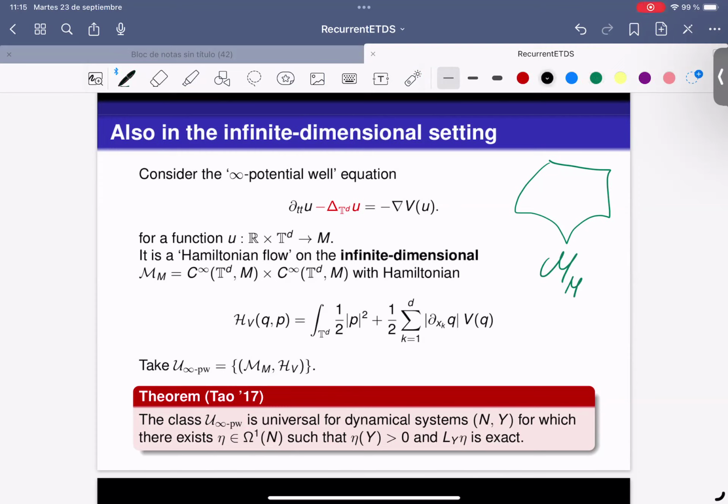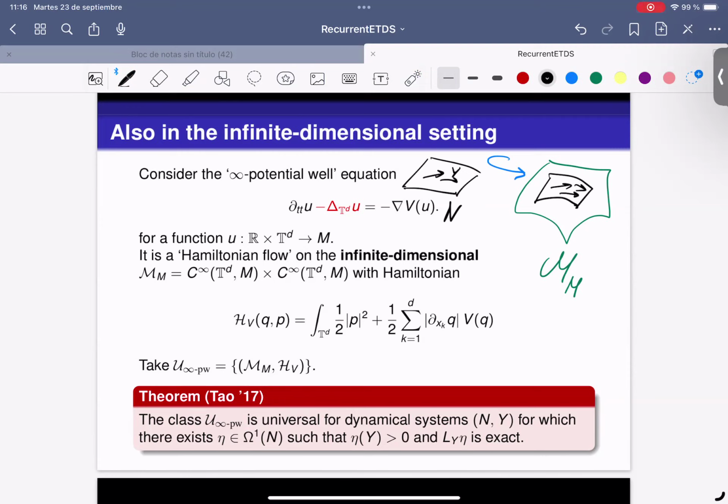If you give me, this is super large, the green thing, and if you give me something not so large, here, M, that is finite dimensional with a certain vector field Y, I can embed this into this, so that here in my infinite dimensional manifold I get a copy inside of it, and the flow on M restricts to this flow on this submanifold.